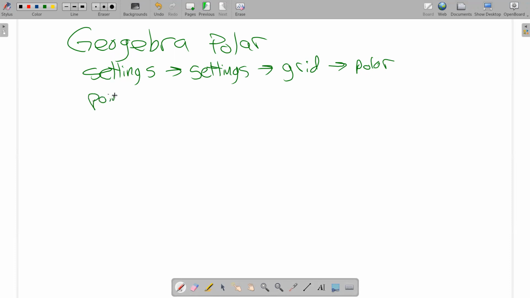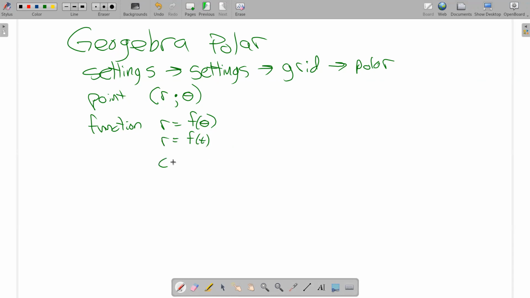To do a point, it's whatever r is, semicolon, and then whatever the angle is. To do a function, like r equals f of theta, I'm going to use a t instead. So we're going to call it r equals f of t, because it's easier to get a t in GeoGebra than a theta. I have to dig into the menus to get the theta.